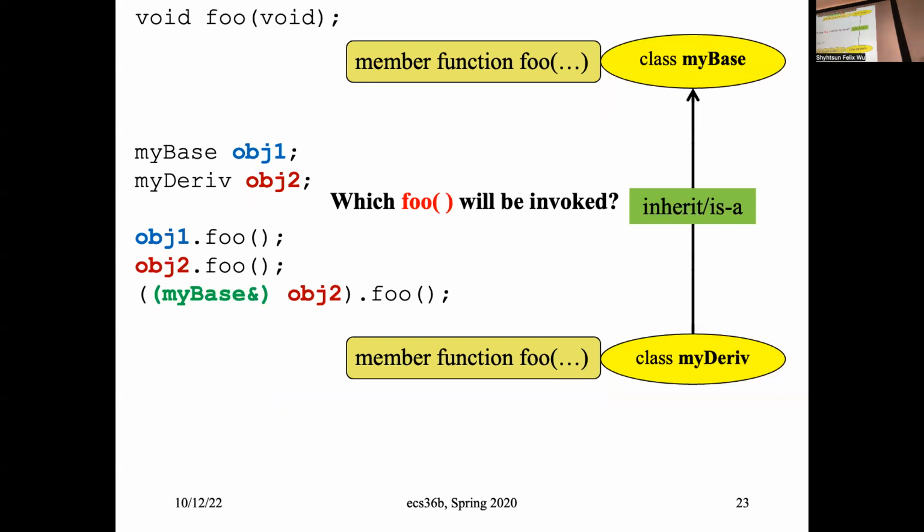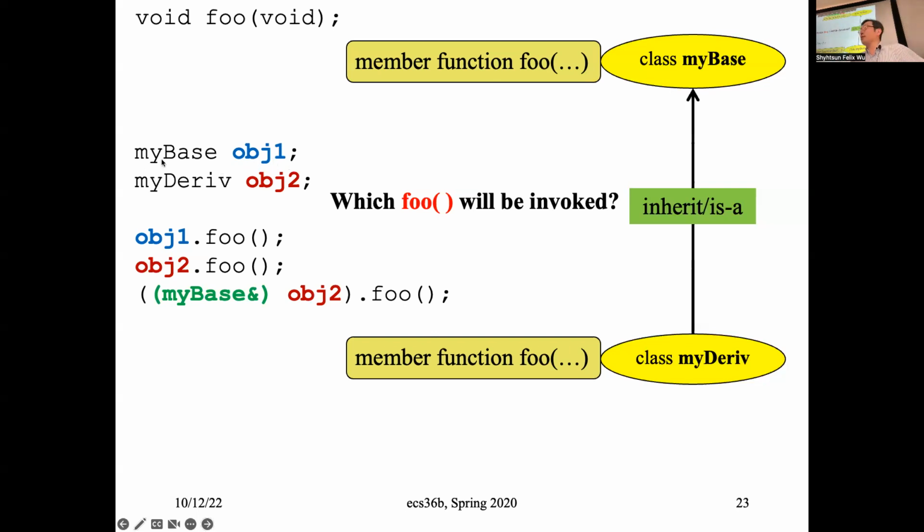This is a regular function, and I'm going to ask you some questions. So I have a foo that's declaring base and the foo declaring derived. And look at the code. I have about 5 lines of code over here. So I declare an object, which is my base.